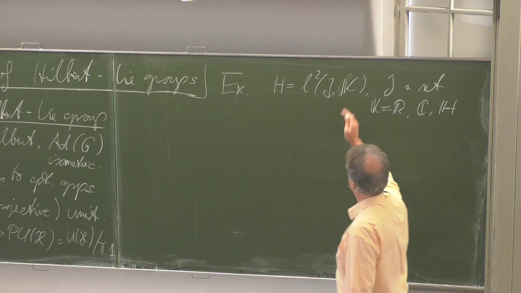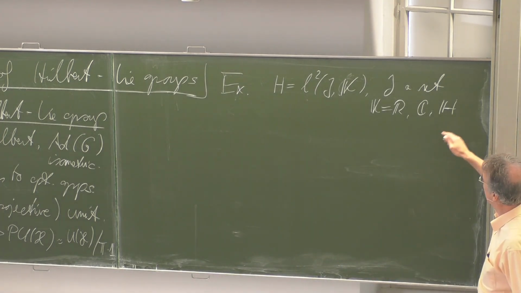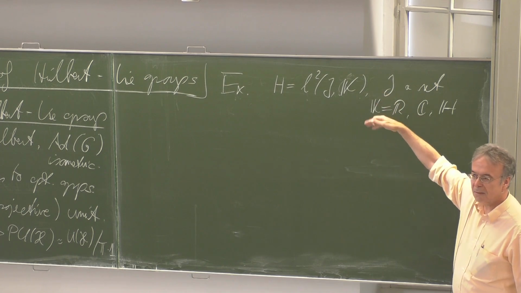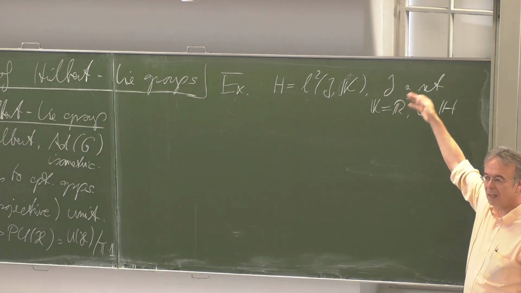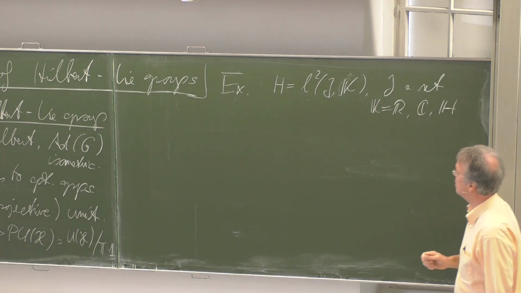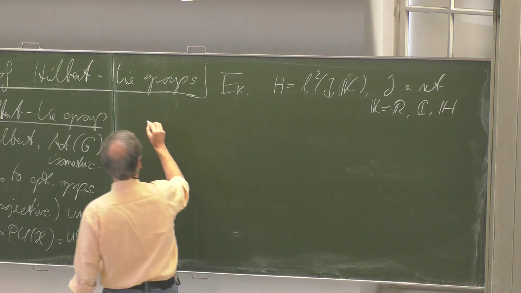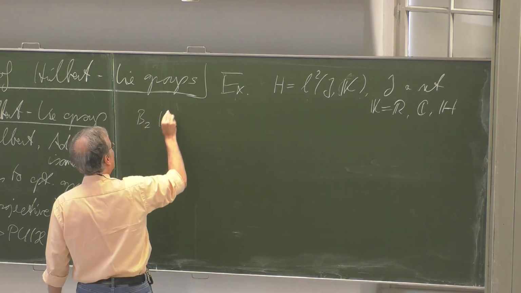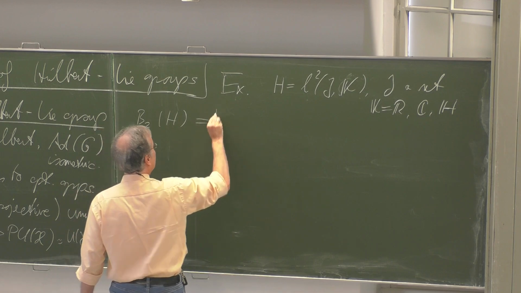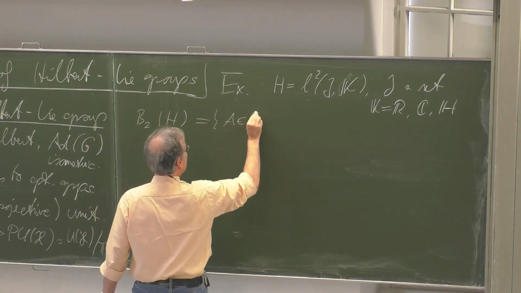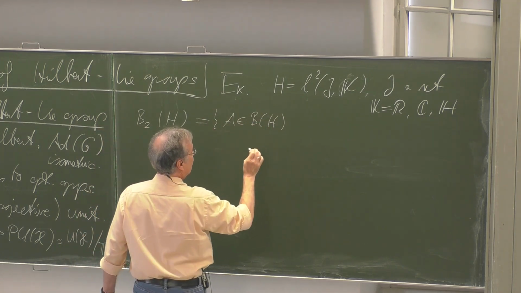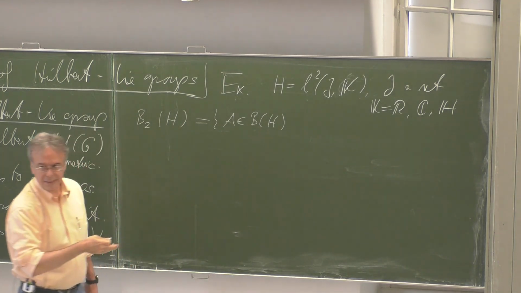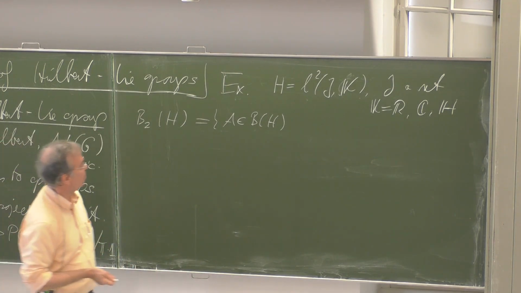I think of this as a Hilbert space over K in the sense that the natural scalar product is K valued, and then you have these three types. And for such a Hilbert space, you can say what Hilbert Schmidt operators are, or bounded operators. And bounded operators here means K-linear operators in this context.